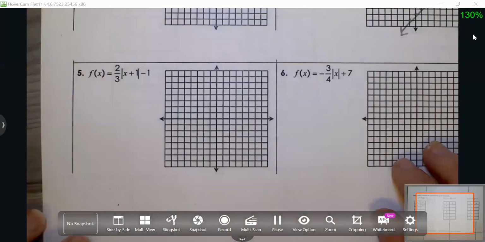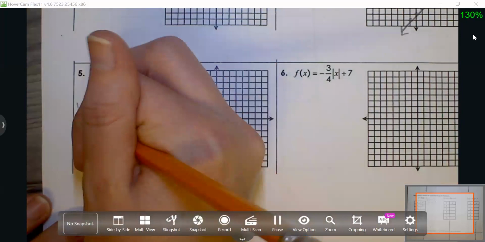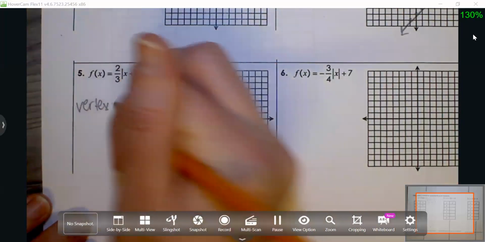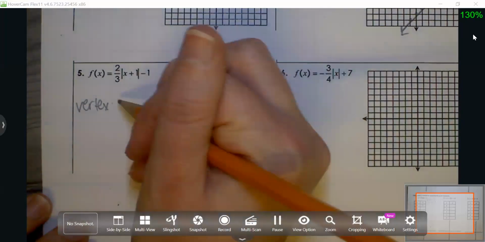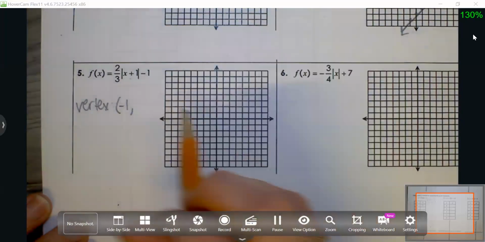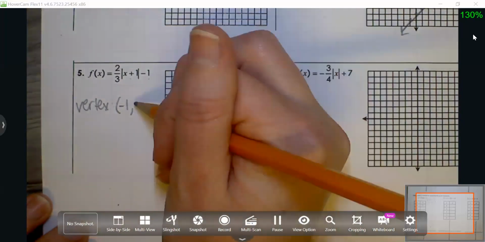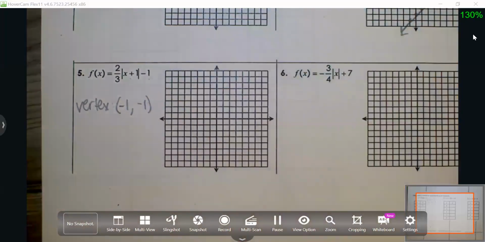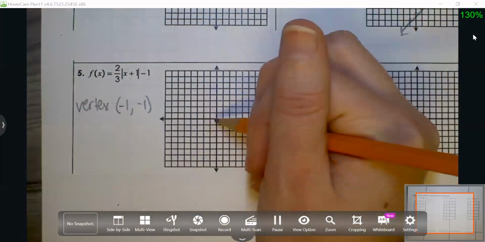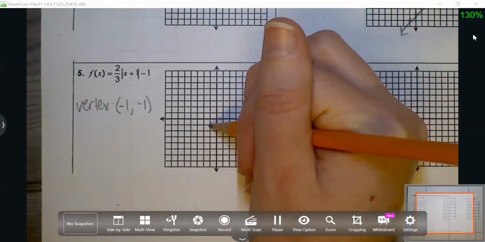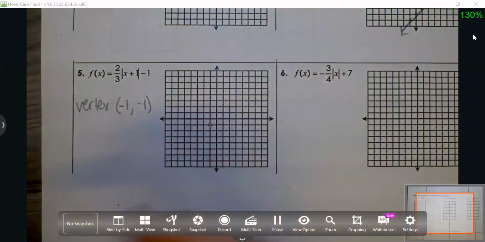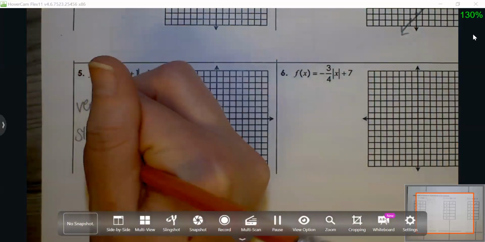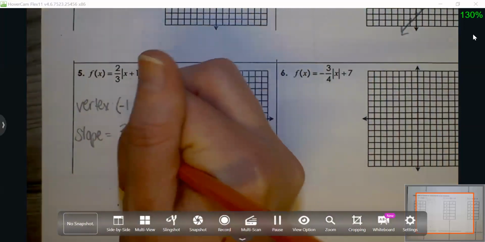Last example I'll show, we're going to do our vertex, and we're going to move according to our slope. Our vertex, change this sign, -1. Keep this sign, -1. Plot that point, -1, -1. And then my slope is 2/3.